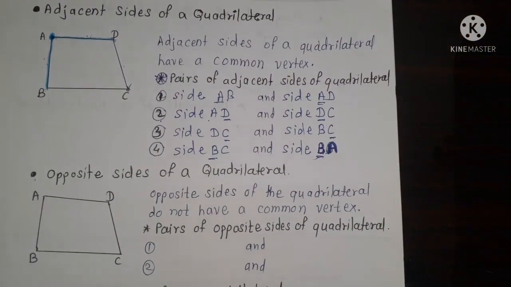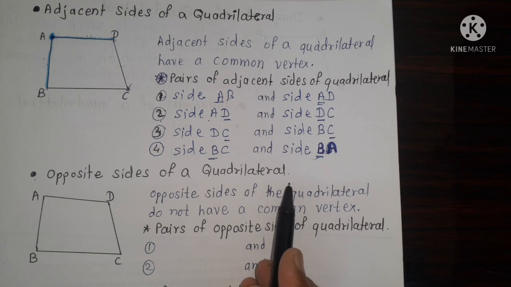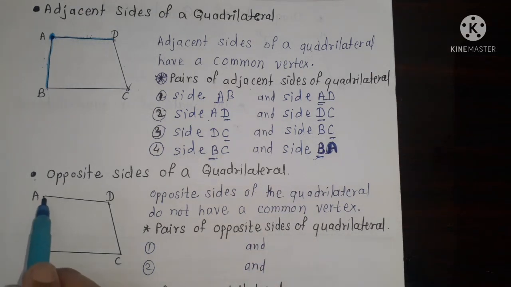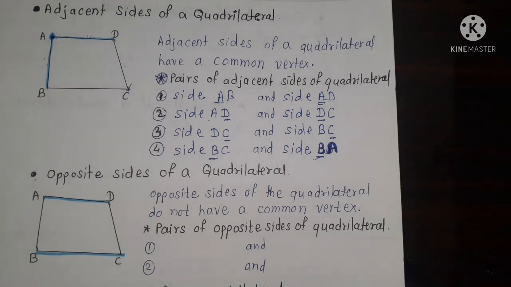Now we see opposite sides of a quadrilateral. The pairs of opposite sides are side AD opposite side BC, and side AB opposite side DC. Opposite sides of a quadrilateral do not have a common vertex.